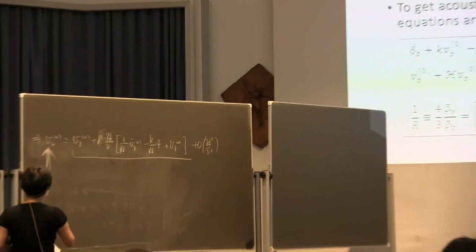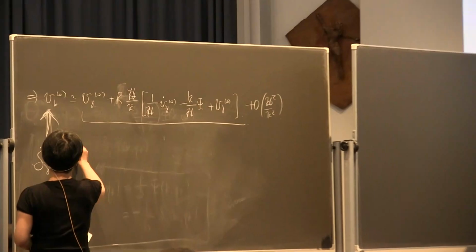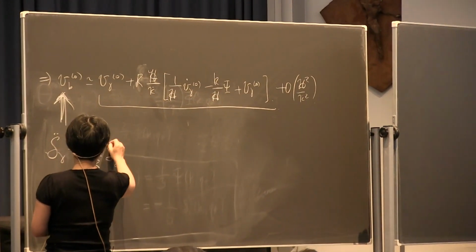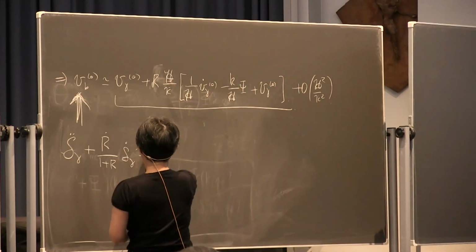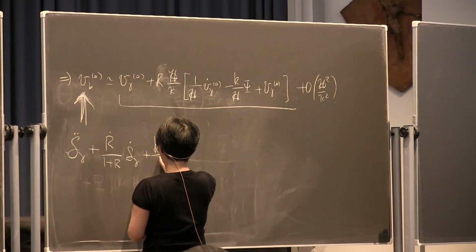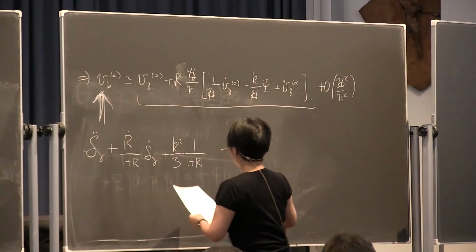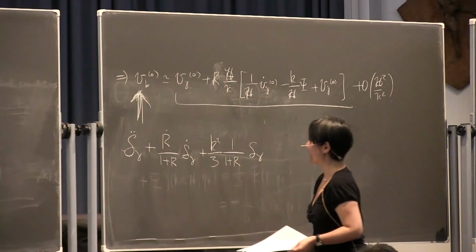Delta gamma double dot plus R dot over 1 plus R, delta gamma dot plus k squared over 3, 1 plus R, delta gamma on the left-hand side.